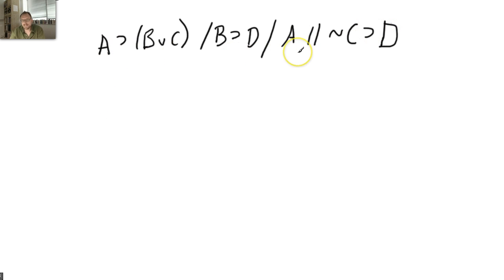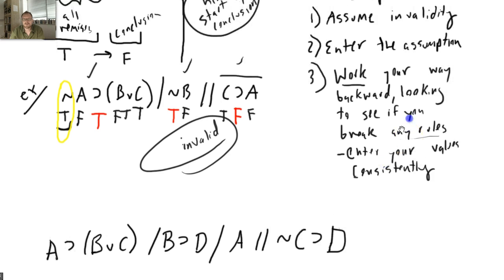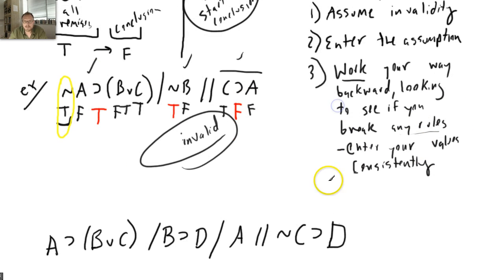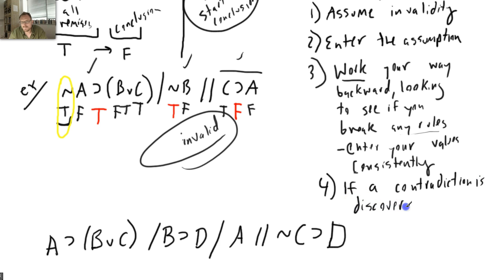Now, let me go back here and actually finish the steps. So what are the last steps here? Number 4 is enter your values consistently. Number 4, if a contradiction is discovered, the argument is valid.